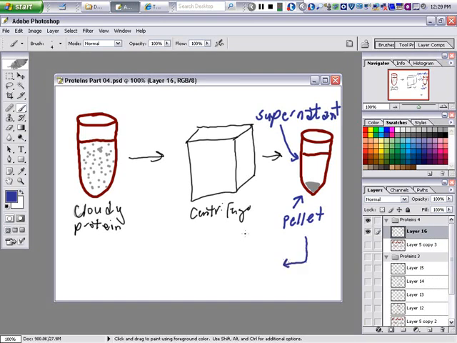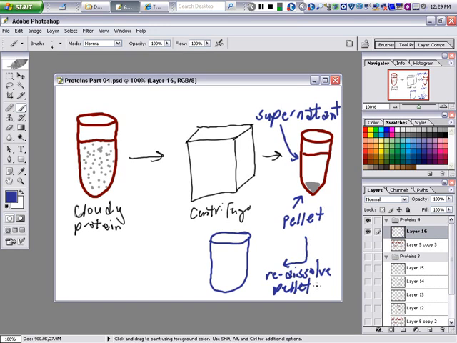You're going to redissolve that pellet here. What would you want to redissolve this pellet in? Not water. A buffer. What type of buffer would be good?